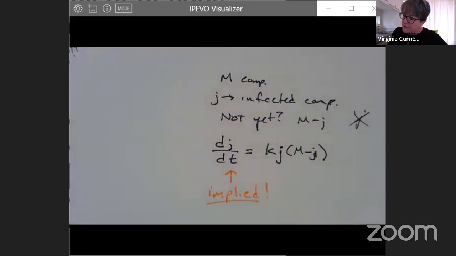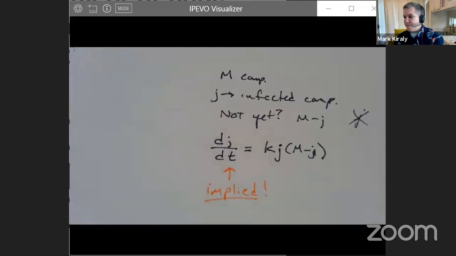So dJ dt. And the number of computers not yet infected. So the not yet, this is a lot like the farmer problem. So you want to find that difference, M minus J is not yet infected. Total number of computers is M, and then they are jointly proportional. So they're getting multiplied together. 100, Mark. Good job. Yay.